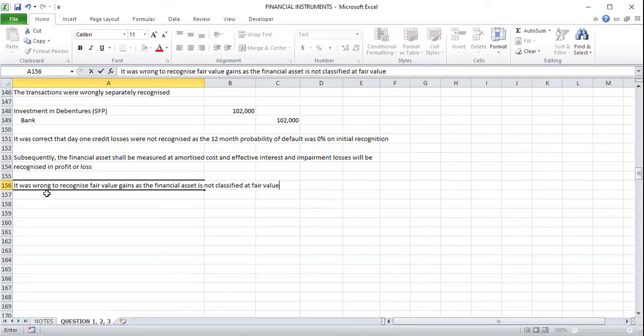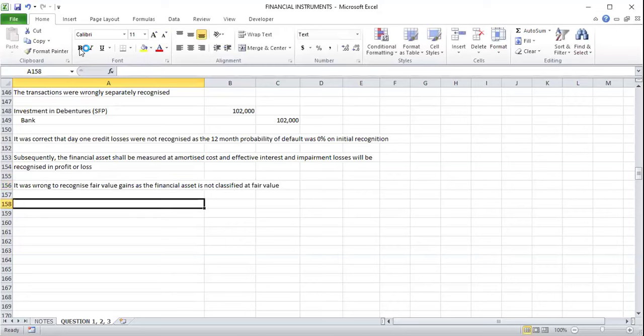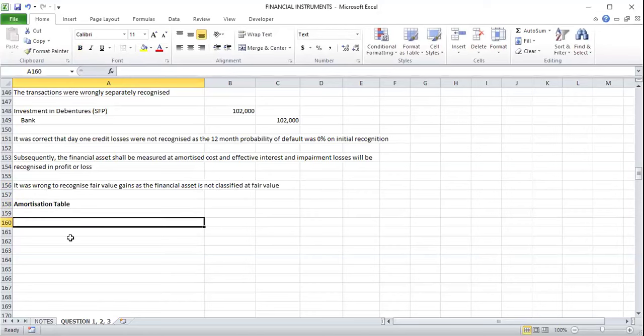Right. So that means first we have to do our amortization table, which will start, right. First of all, let's calculate our effective interest.